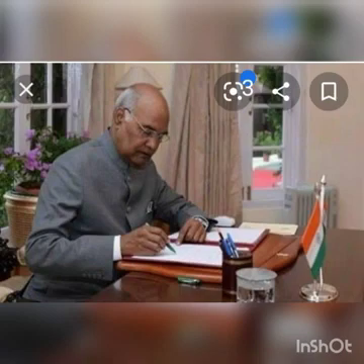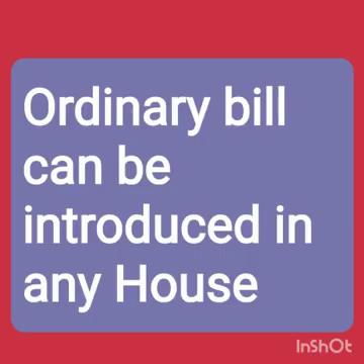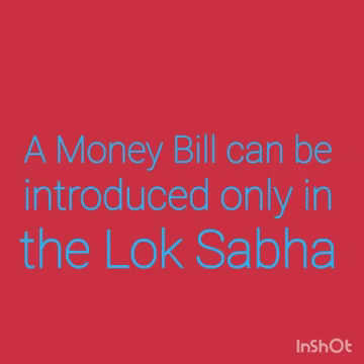You remember I told you that there are 2 kinds of bills, the ordinary and the money bill. The ordinary bill can be introduced in any of the houses, but a money bill can be introduced only in the Lok Sabha. What is a money bill?